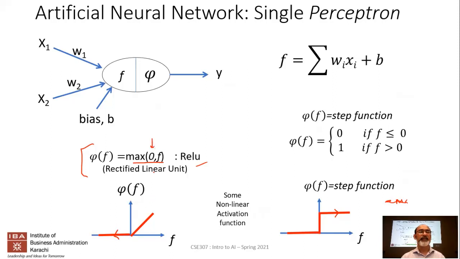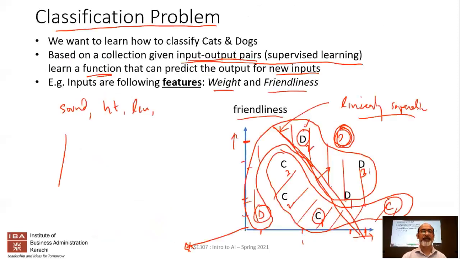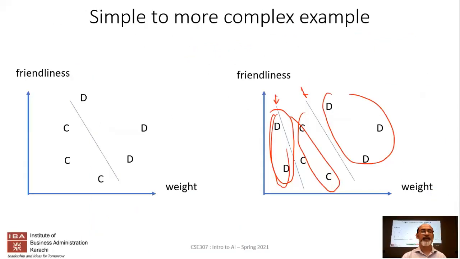If f is greater than 0, it's not equal to 1, as in the step function, but it's equal to f. So this equation simply goes like this and goes straight up. This is referred to as a ReLU, or rectified linear unit. It's a mouthful, but it has linear in it, and it comes from electrical engineering. That's why it's called a rectified linear unit. So we'll just call it a ReLU equation.